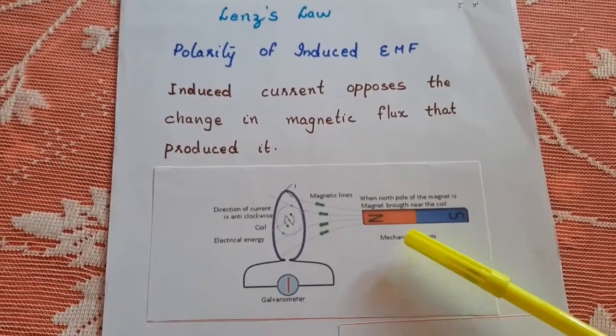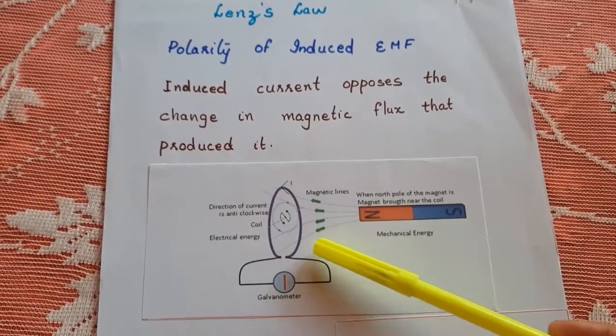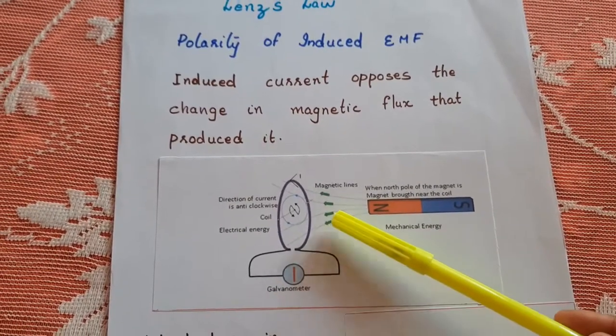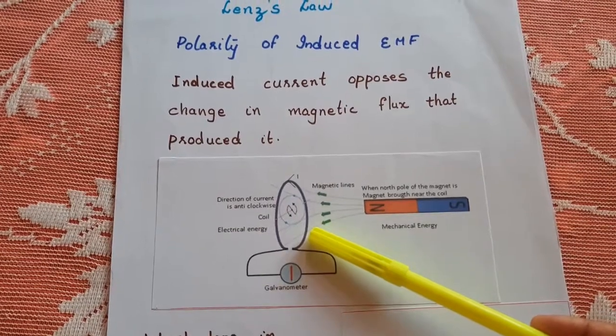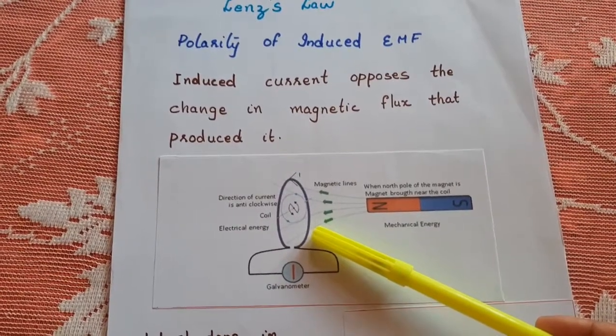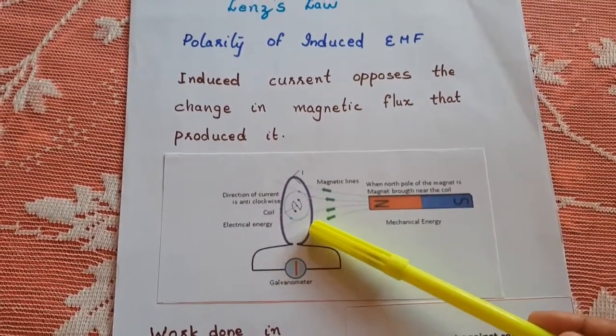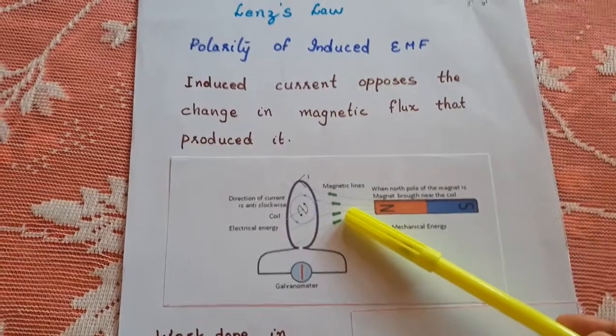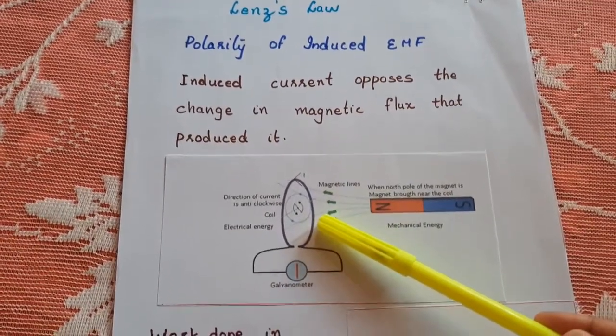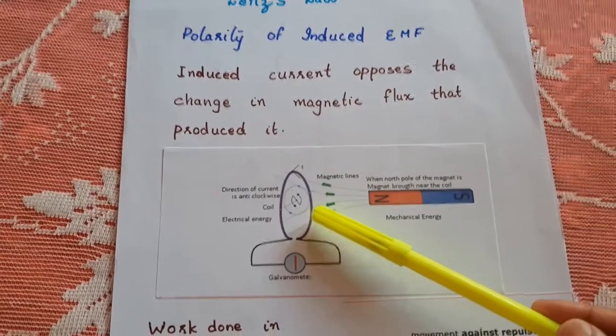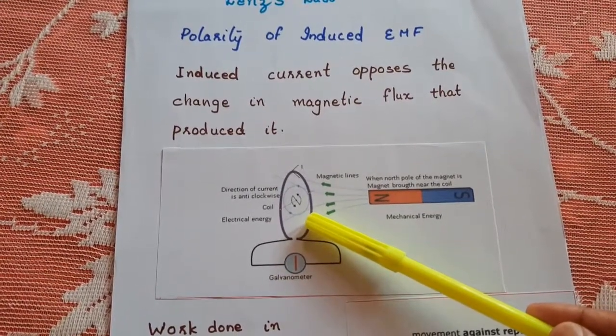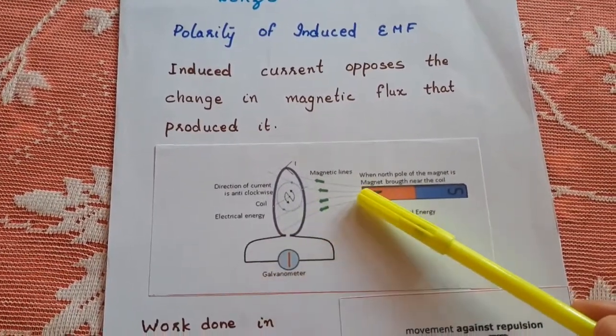That is, when the north pole of a magnet is moved towards the coil, the magnetic flux associated with the coil increases. So the coil repels the magnet. So induced current flows anti-clockwise so that the polarity induced is north. Like poles repel.